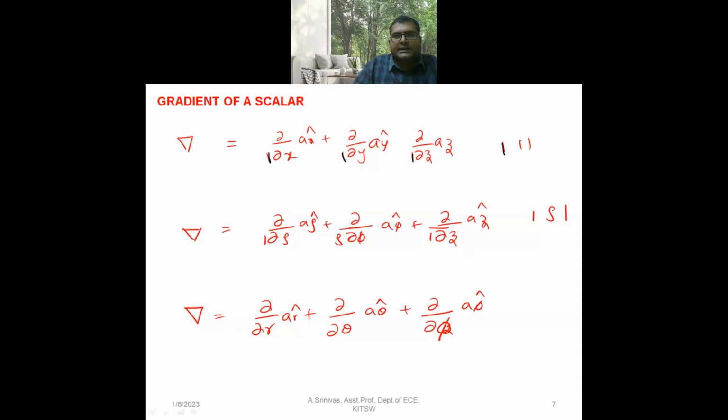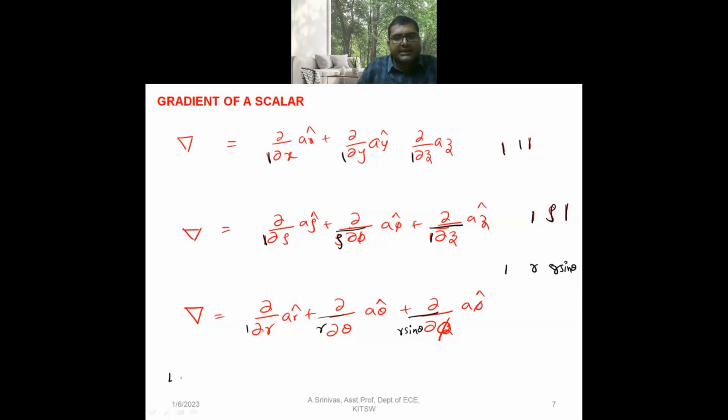In cylindrical, the notation is 1, ρ, 1, that is ρ in the denominator with dφ, and dz. In spherical, it is 1, r, r sin θ. So you can follow the notation 1, r, and r sin θ in the denominator.